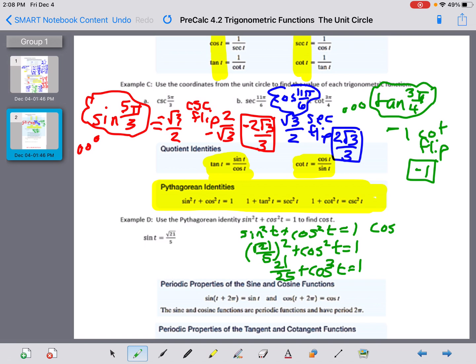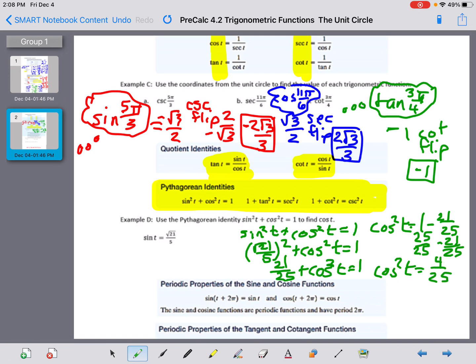So cosine squared t equals 1 minus 21 over 25. To subtract them, I need a common denominator, like 25. This becomes 25 over 25 minus 21 over 25. So I get cosine squared t equals 4 over 25.